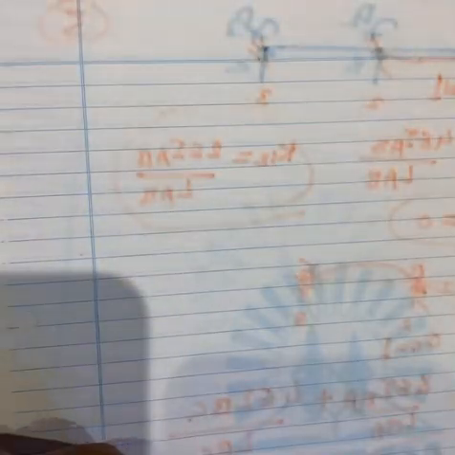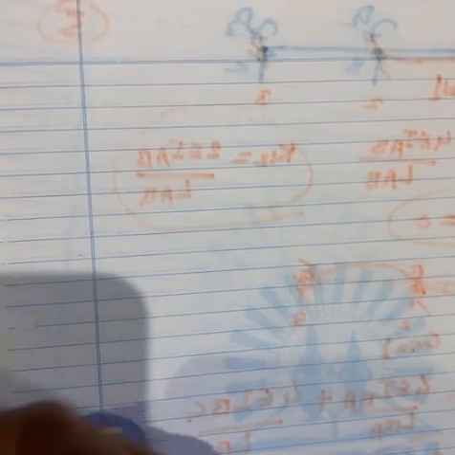Let's go to step number 4, that is the joint equilibrium.